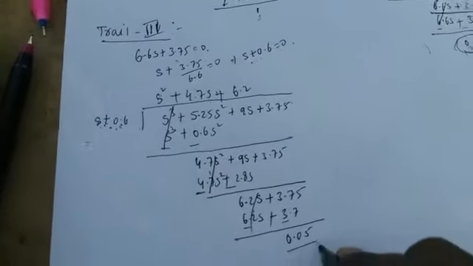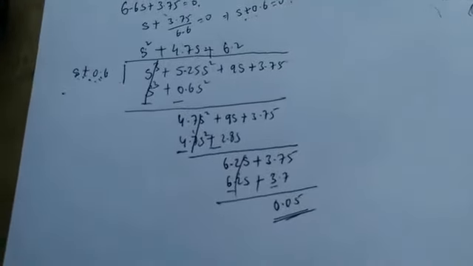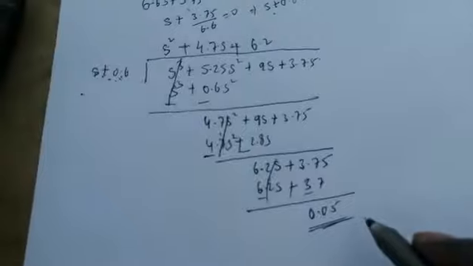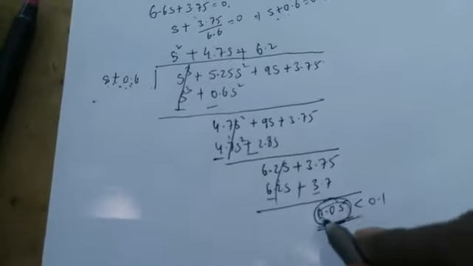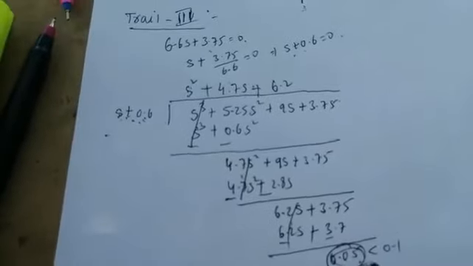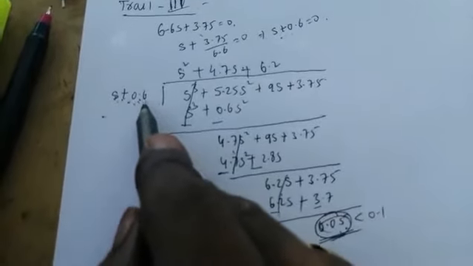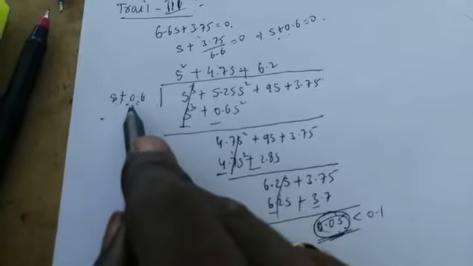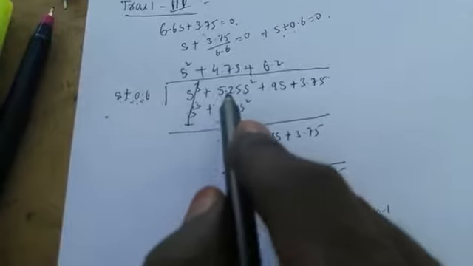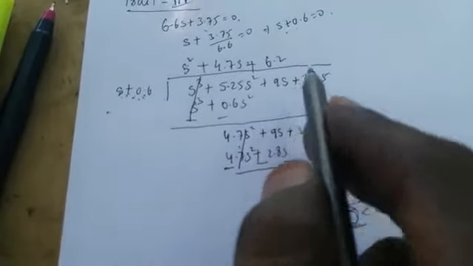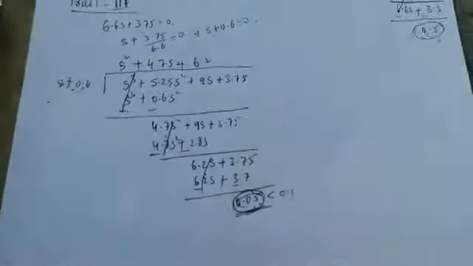Here we obtain the least value, which is less than 0.1. So we can consider that this is the least value. When we obtain the least value, s plus 0.6 divides s cubed plus 5.25 s square plus 9s. So now we stop the trial method.